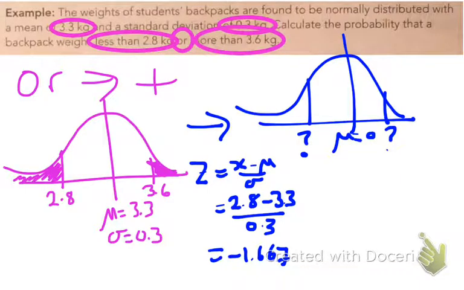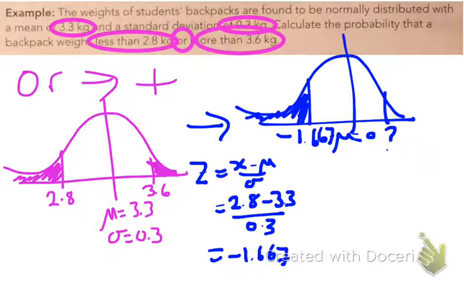Okay, and take a note that I've rounded that to 3 decimal places because our probability tables go to 3 decimal places. So that means I can now replace that value there and say I want the Z value of negative 1.667, and I'm going to want the tail area below there.